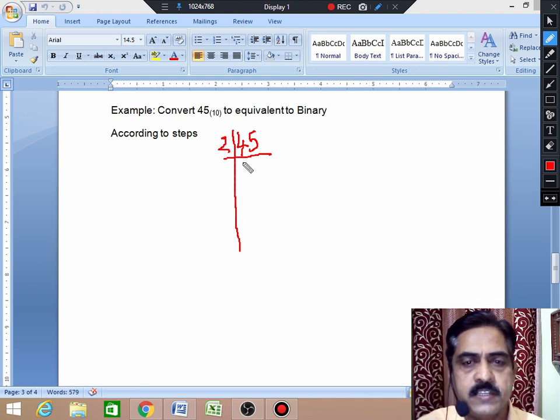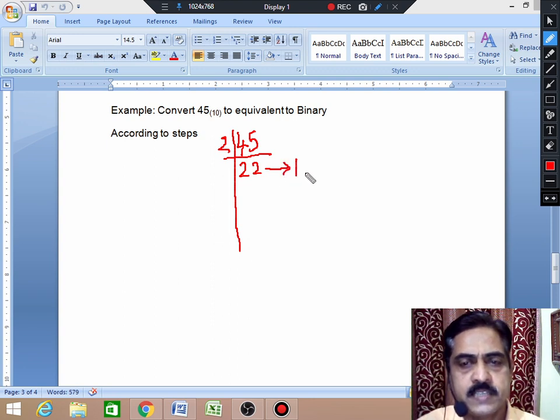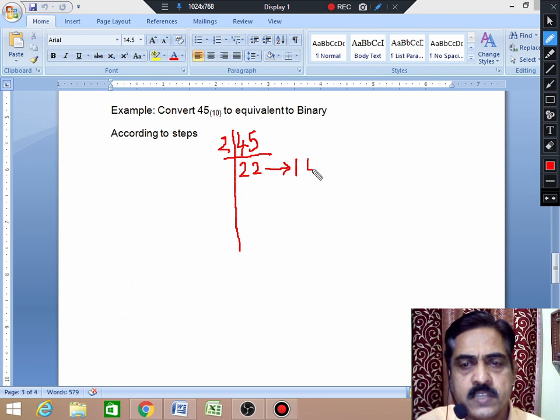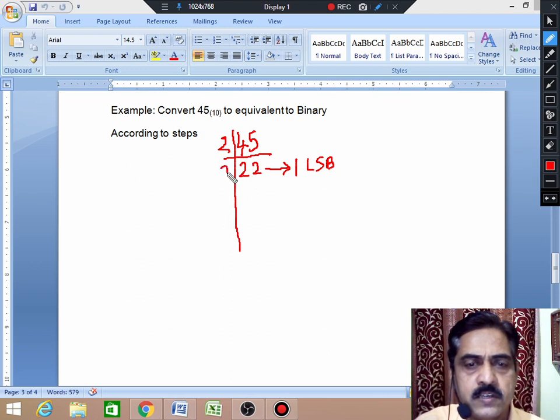When I divide this, I am getting 22. Here the remainder is 1. I am writing it on the right side. This is called the least significant bit. Now the dividing process will continue.